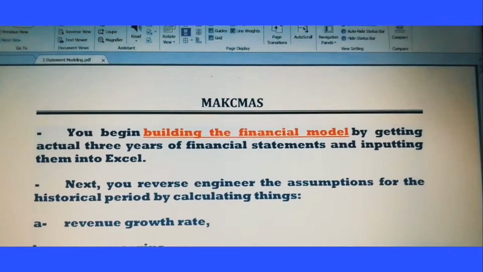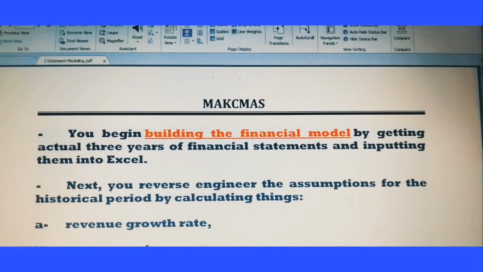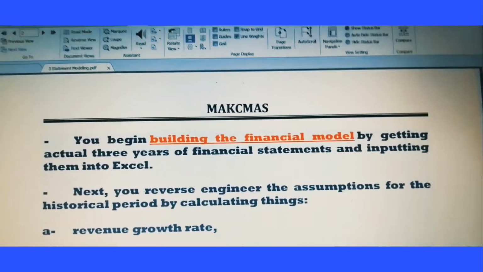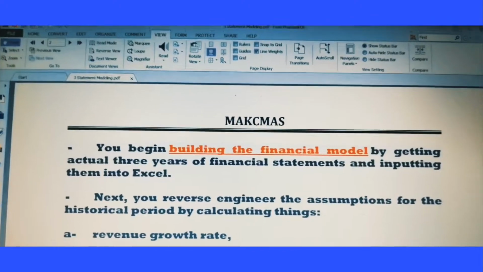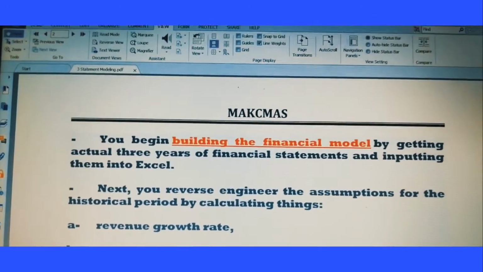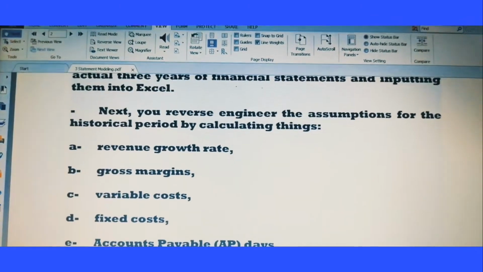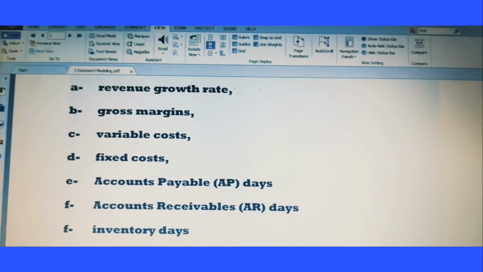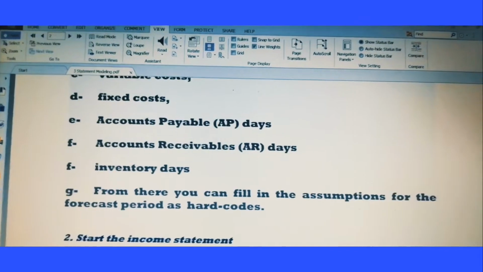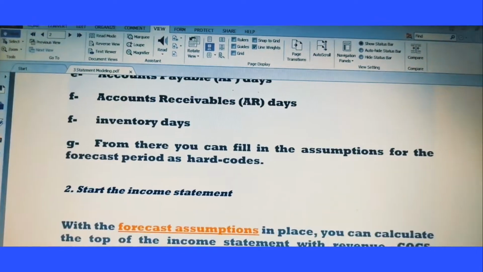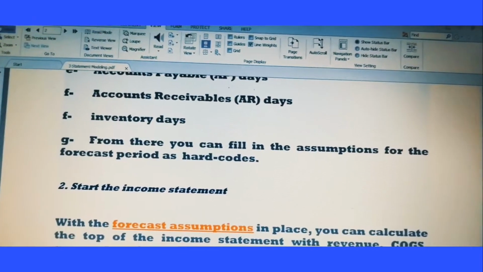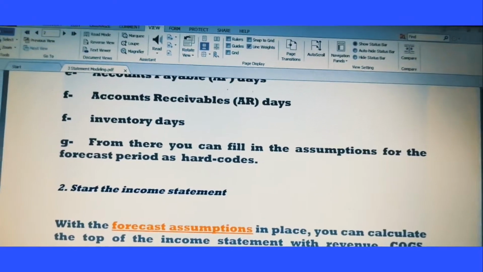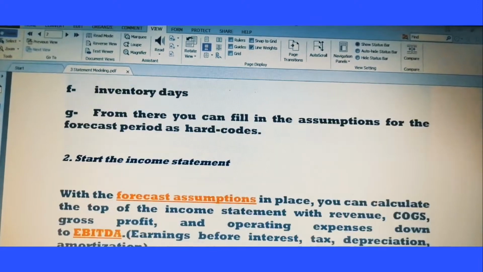Next, you reverse engineer the assumptions for the historical period by calculating things like revenue growth rate, gross margin, variable cost, fixed cost, accounts payable days, accounts receivable days, and inventory days. From there, you can fill in the assumptions for the forecast period as hard codes.